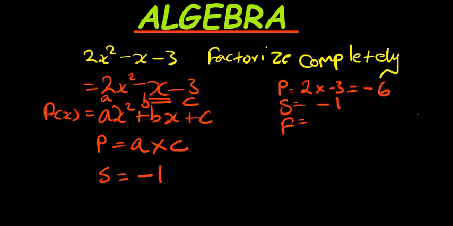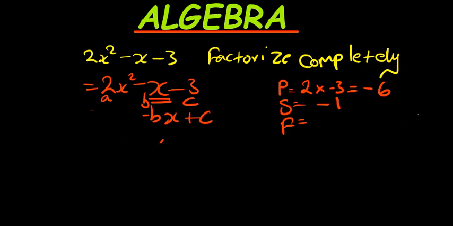Now here is the tricky part, where you need to find the factors. Many people have challenges in finding these factors, but in this video we are going to make it easier for you. The best method is, first you get the product, because the product is the one which helps us come up with the factors. In this case, the product is negative 6. When you get that product, you start dividing, starting from 1.